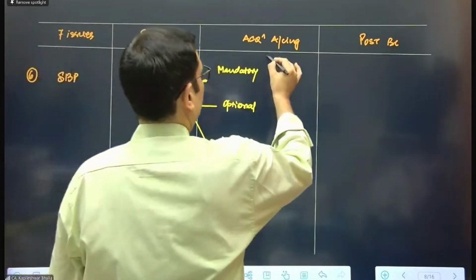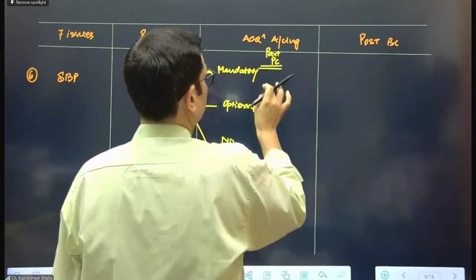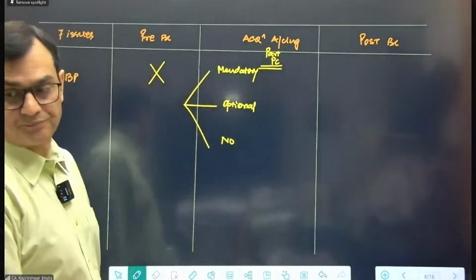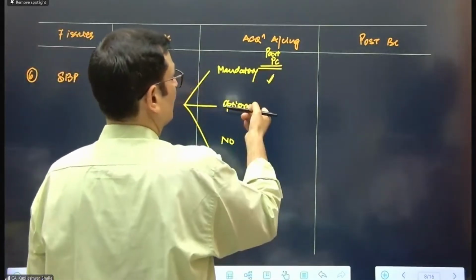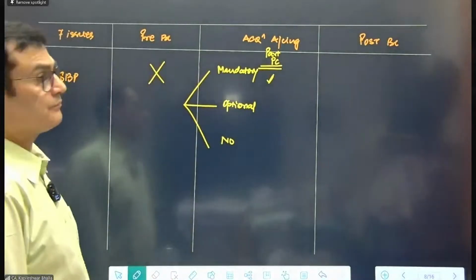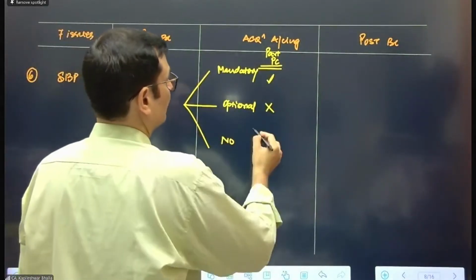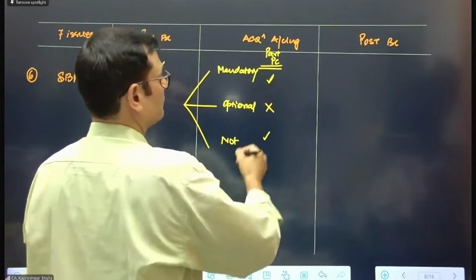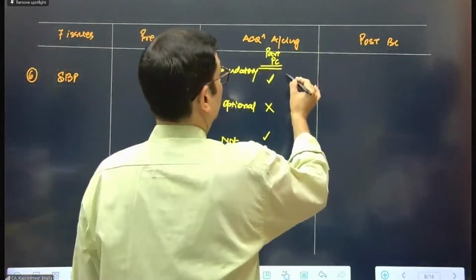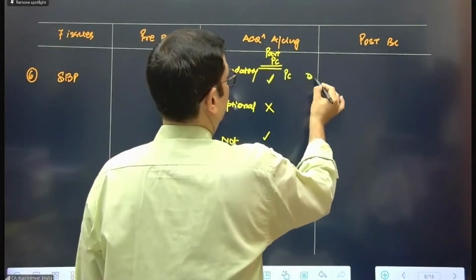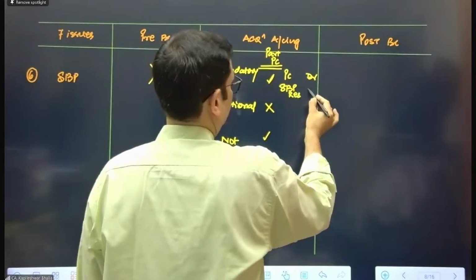So let's take the column: is it a part of PC if it is mandatory? Yes, sir. And in case of optional, part of PC? No, sir. And if it is not replaced, can I say then also part of PC? Yes, sir. So in this case, you put the entry PC gets a debit and SBP reserve gets a credit. Correct.